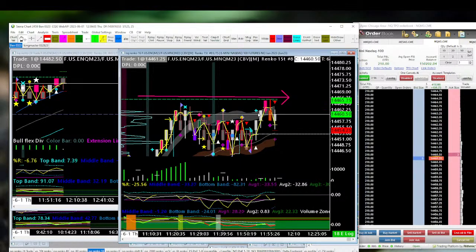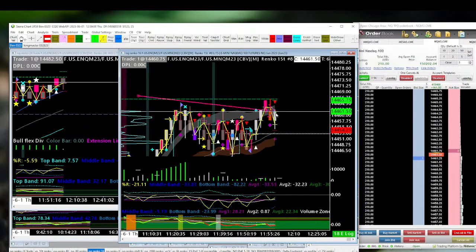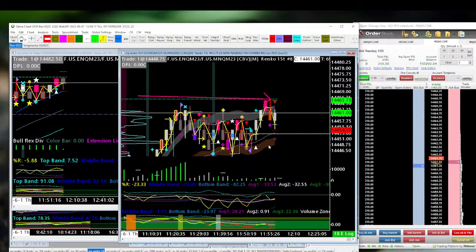Since I got to a new max account balance, if I'm going to get long here, it's no different than getting long here.